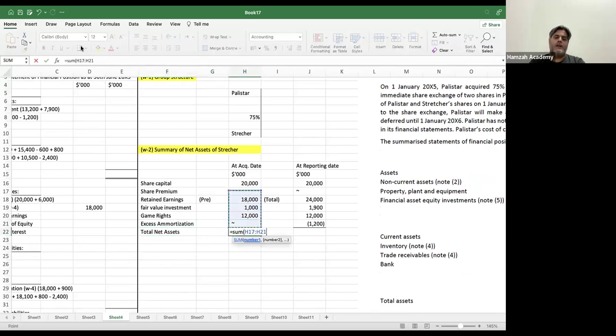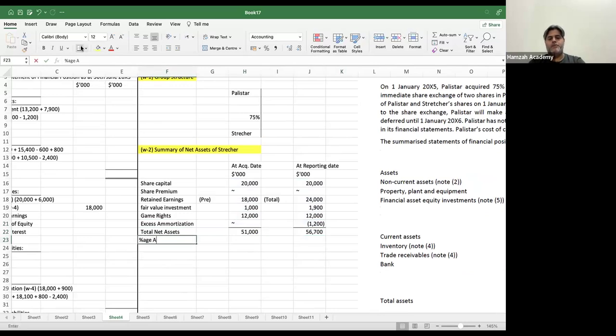Total net assets are 51 here, 56,700 over here. Percentage holding, 75. Rather than saying acquired, let's say percentage holding.